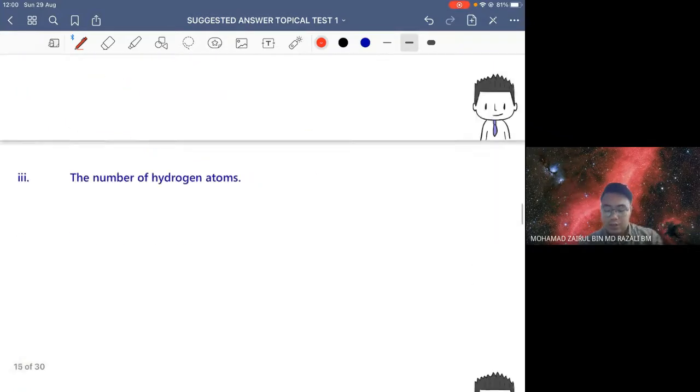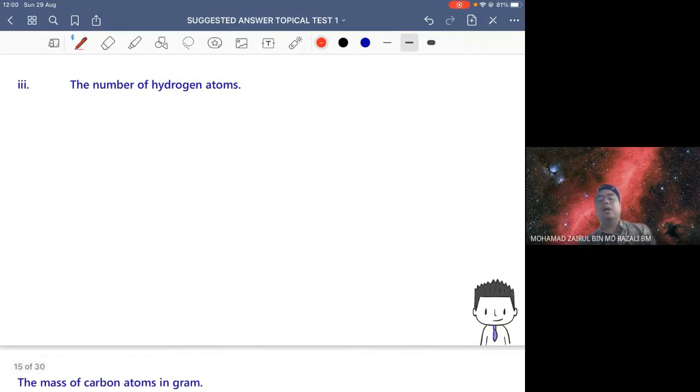Okay. So the third part of the question asks you to determine the number of hydrogen atoms. Okay, so we write down again the molecular formula for quinine, which is C20H24N2O2. Okay, number of hydrogen atoms. Okay, we use the mole concept.